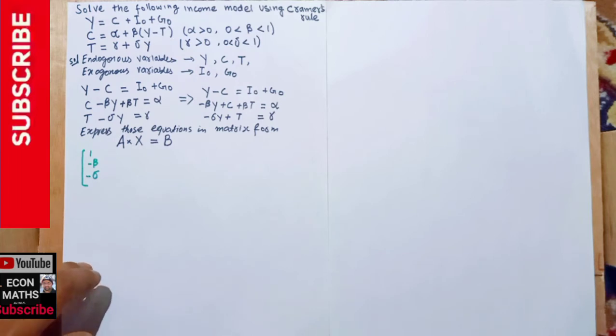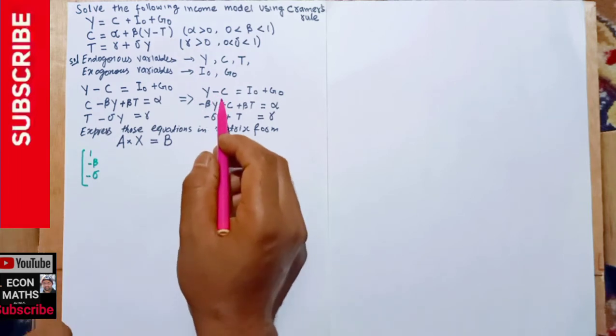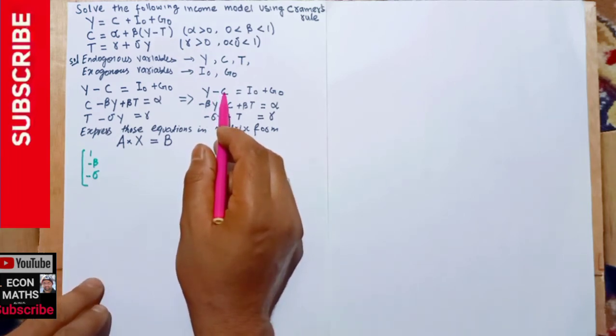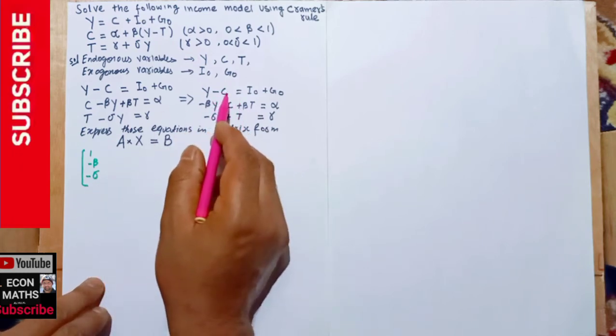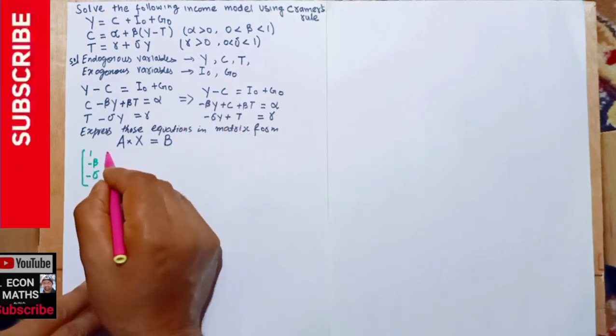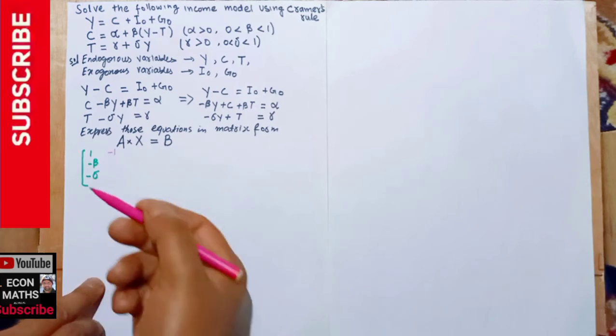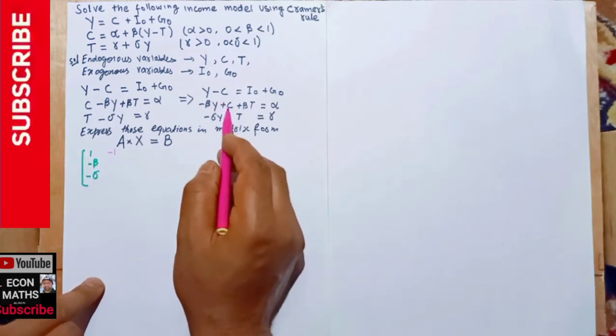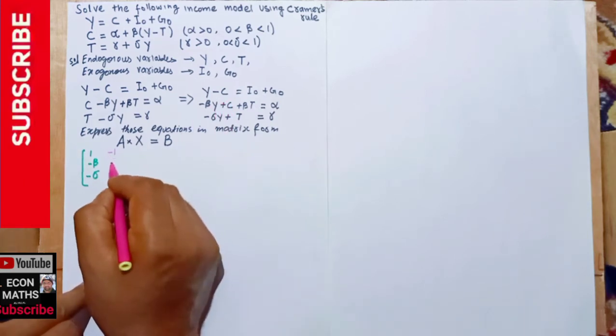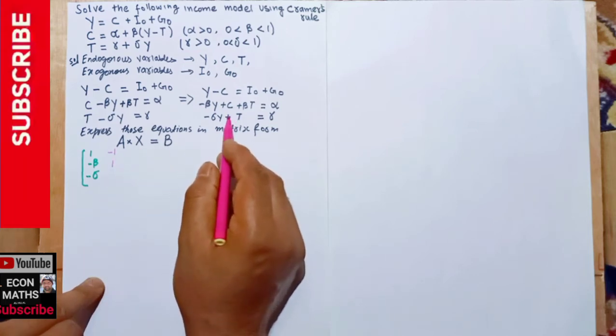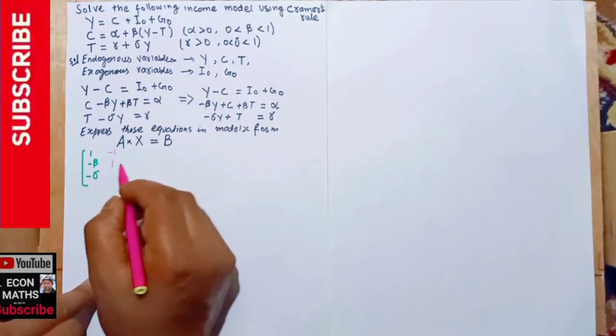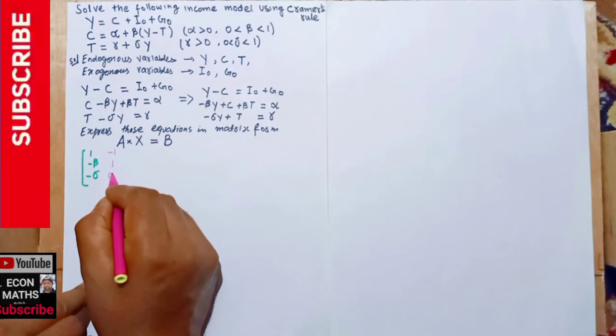Similarly, we have to find the coefficients of c's. Here the coefficient of c is minus 1, here the coefficient of c is 1, and here no c is involved, so the coefficient is 0.